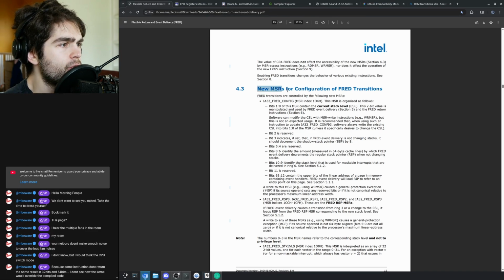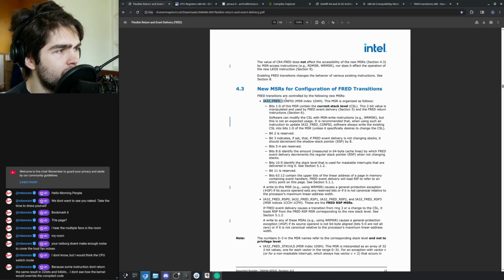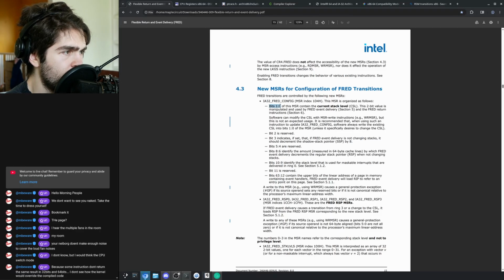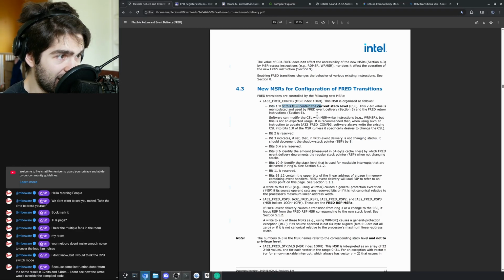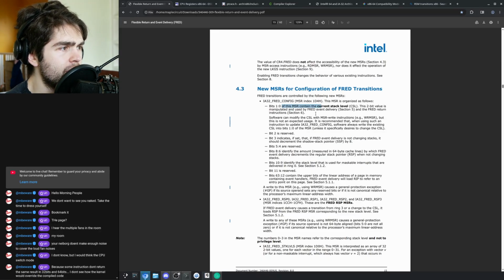New MSRs for configuration of THREAD transition. THREAD transition is controlled by the following new MSR, IA32_THREAD_CONFIG. This MSR is organized as follows. Bits 1 and 0, the first 2 bits: this MSR contains the current stack level. This is a 2-bit value manipulated and used by THREAD event delivery and the THREAD return instruction.